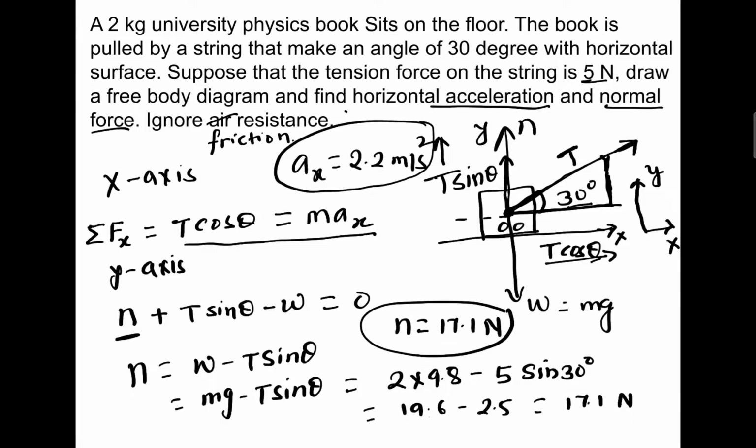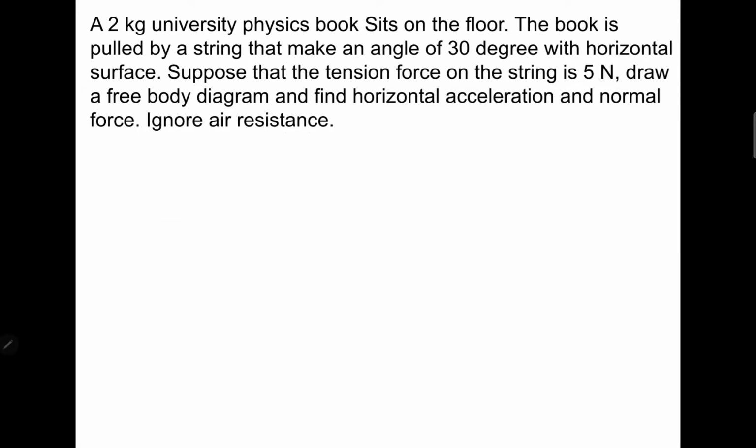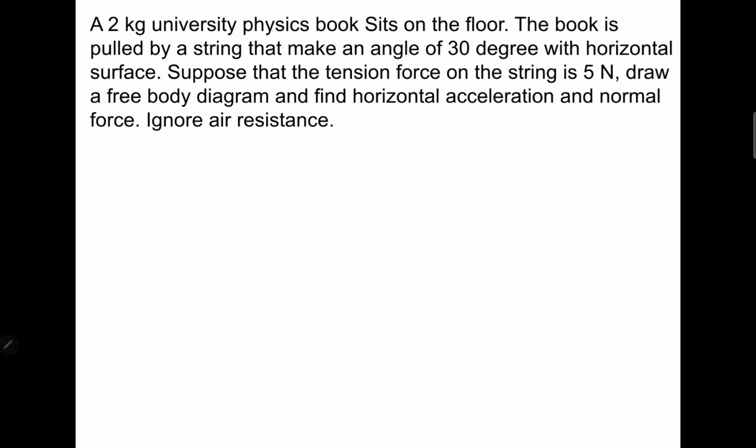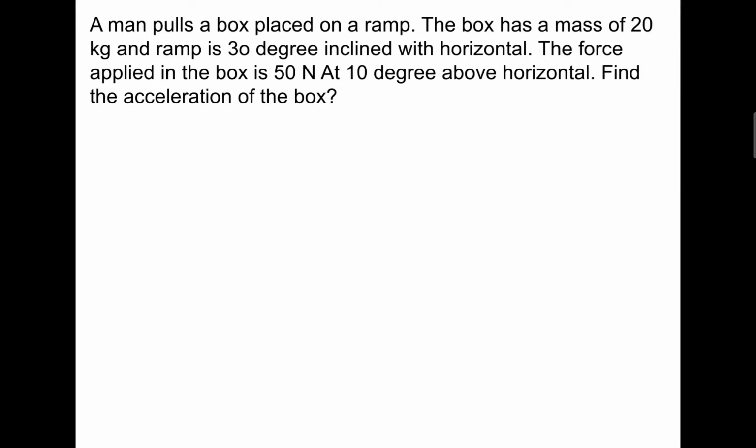Okay, so this is one kind of problem. Let me do some other problem so that you will understand in much more detail. This is the second kind of problem, different from the previous one, but you can apply the same approach.